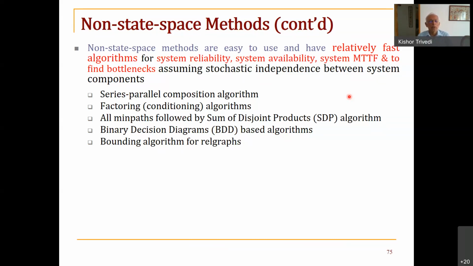The algorithms available are series parallel composition algorithms, factoring or conditioning algorithms, all min paths followed by sum of disjoint products algorithm, binary decision diagram based algorithms, and bounding algorithms for REL graphs. And all of the above are implemented in SHARPE.